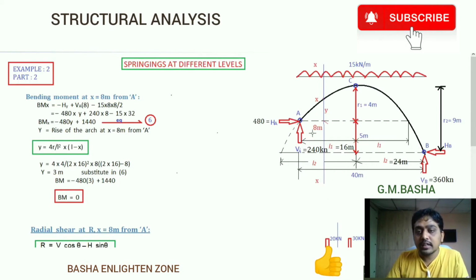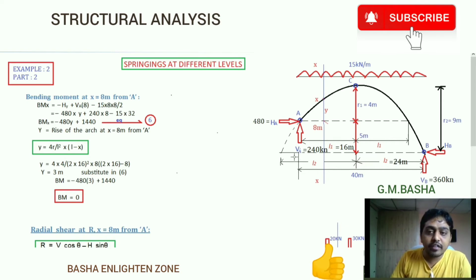Why? Because there will be two individual lengths, L1 equal to 16 meters and L2 equal to 24 meters, and the overall length of the span from A to B equal to 40 meters, and the rises are 4 meters for the first one and 9 meters from the right support. So please observe the concept.